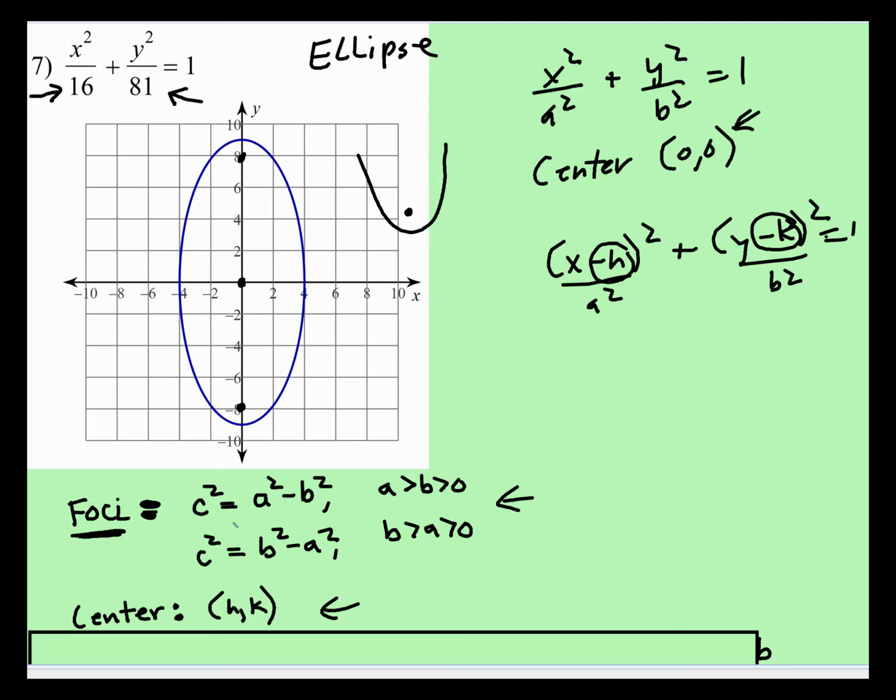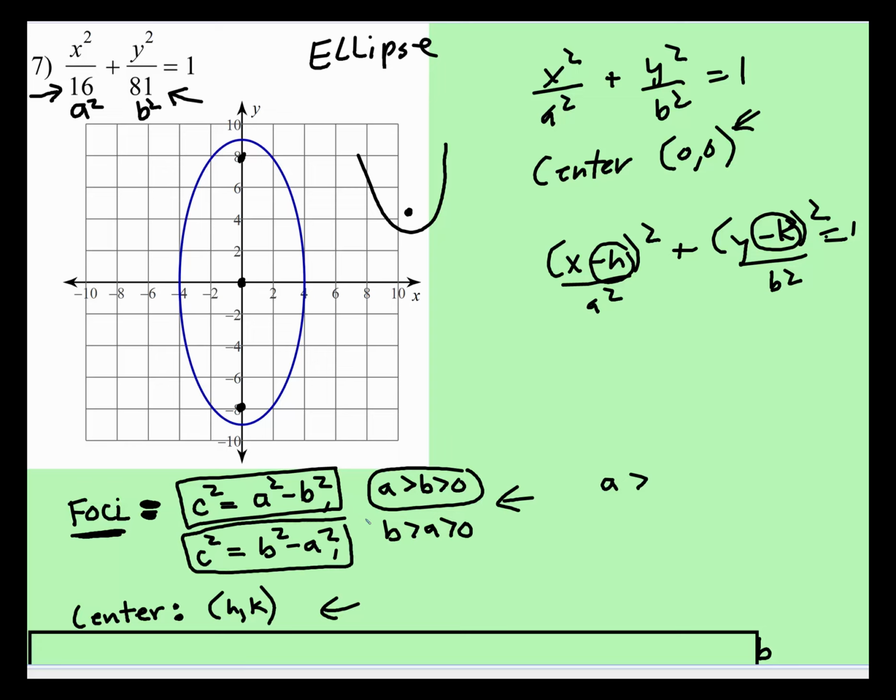If a is greater than b, then this is how you find the focus. But if the b is greater than a, and notice, when the b is greater than a, it is a vertical ellipse. When the a is bigger than the b value, it would be a horizontal ellipse.